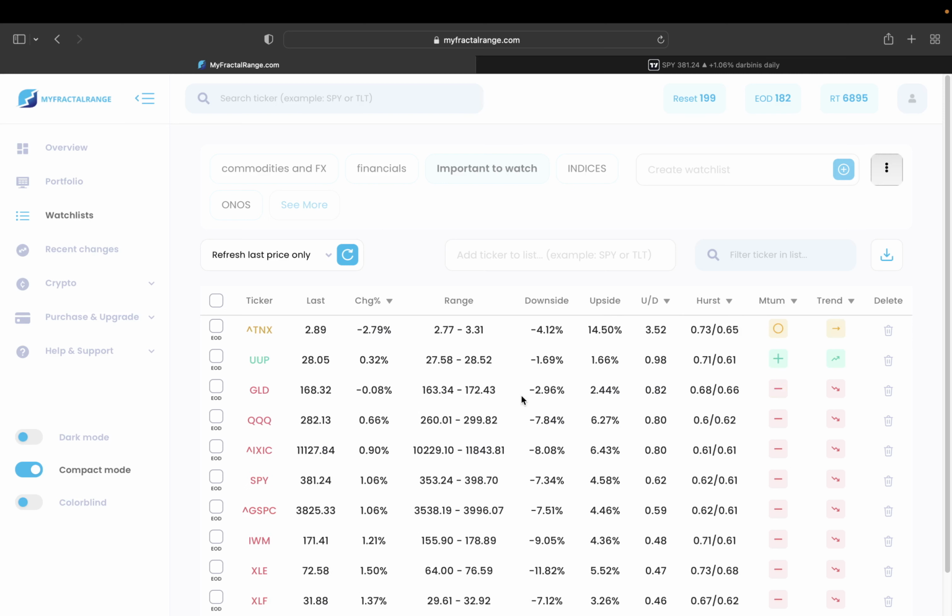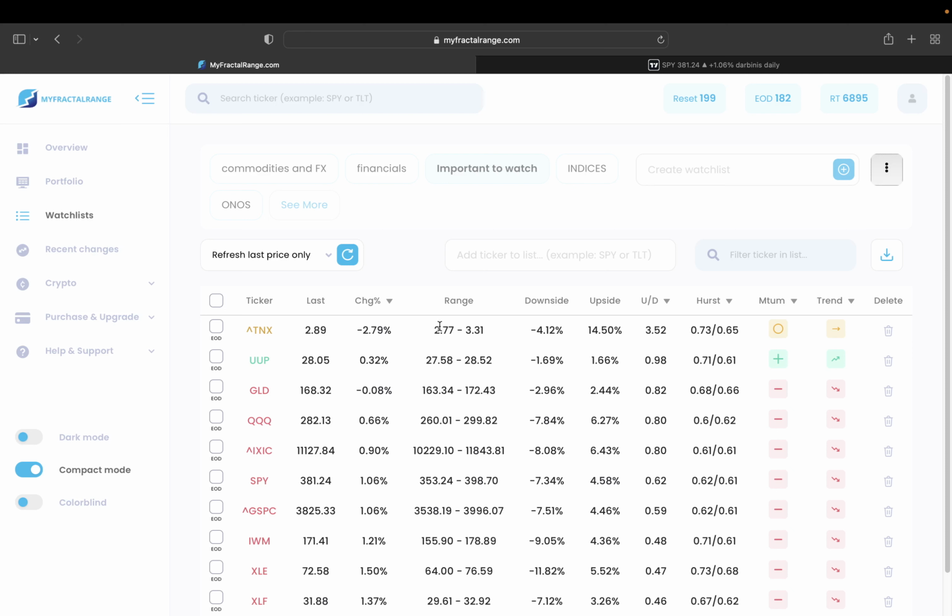And actually, we see a very interesting thing here: for example, the biggest upside downside ratio is on the US 10-year yield. So I'm not long bonds. Bonds had a great run this week, but I don't have any fixed income position right now.